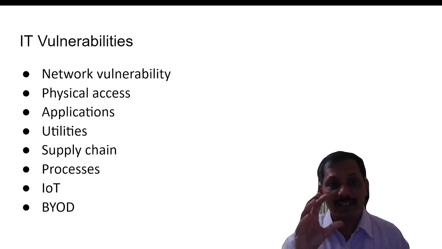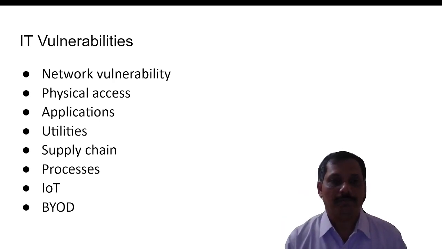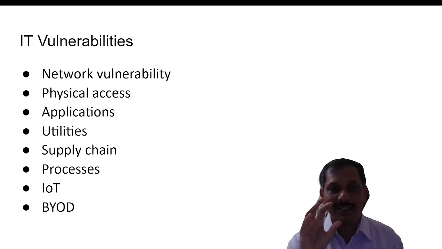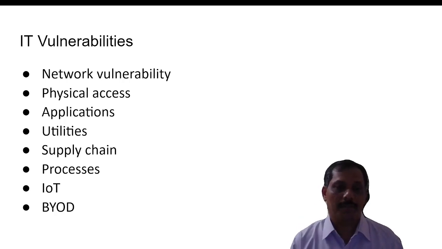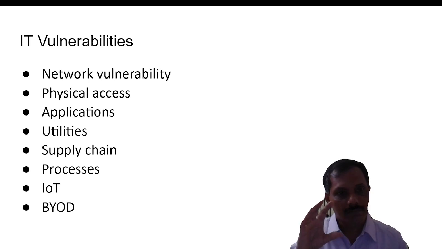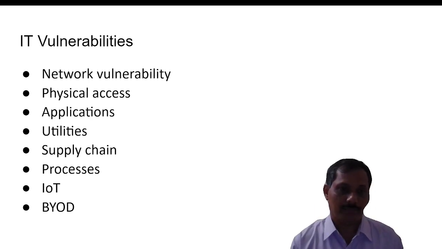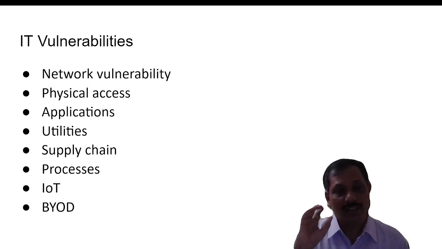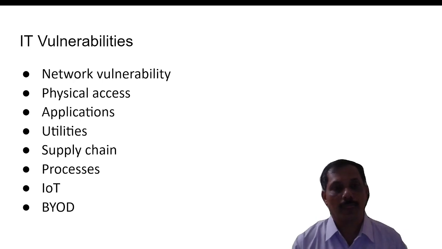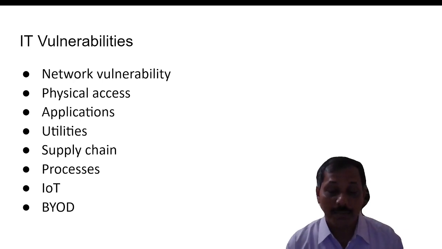So there may be application related vulnerabilities as well. There may be utilities related vulnerabilities. In our data center, we generally use UPS, we generally use air conditioners, we use generators. So let's take an example of UPS.